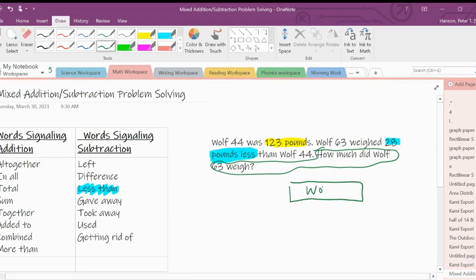This is Wolf 44, right? I know that Wolf 63 is here, and I have some amount, the difference, the 28 pounds, right? So here, again, I have Wolf 63 plus 28 would equal Wolf 44, but I don't have Wolf 63, so I got to find that.